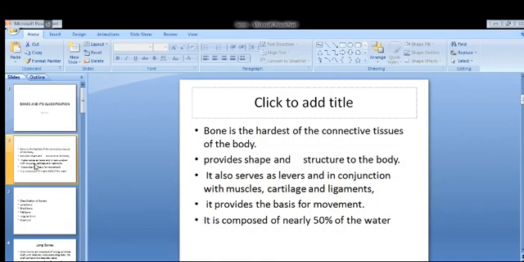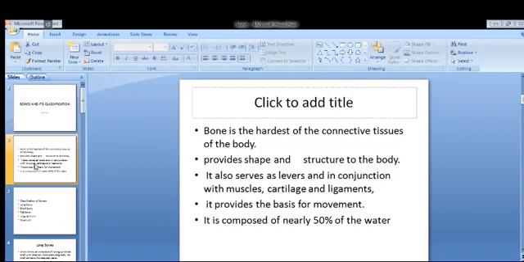When we use the word bone, we must understand what it actually means. So this is basically a type of connective tissue, which is the hardest of all types of connective tissue, and this provides the shape and structure to the body. That is the main function which it is providing to the body.